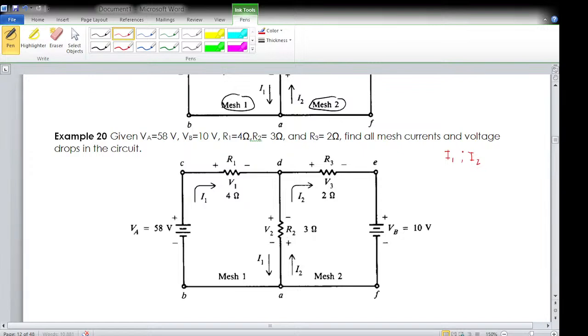How many voltage drops do we have here? Three, ma'am. There are only three voltage drops. And what are those?